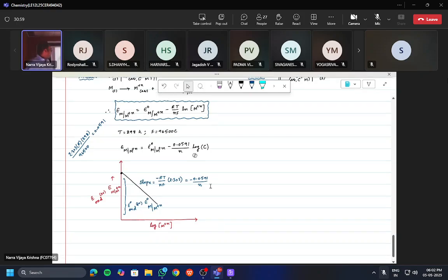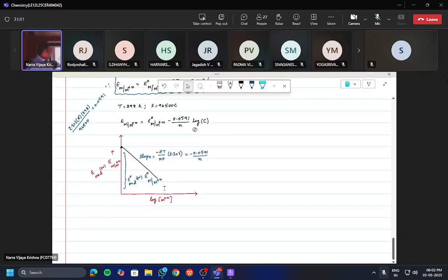So this is the graph of E oxidation. Instead of writing this, I am directly writing it as the E oxidation versus log C graph. Can I write it or not? The E oxidation versus log C graph is nothing but equal to, what is this intercept?